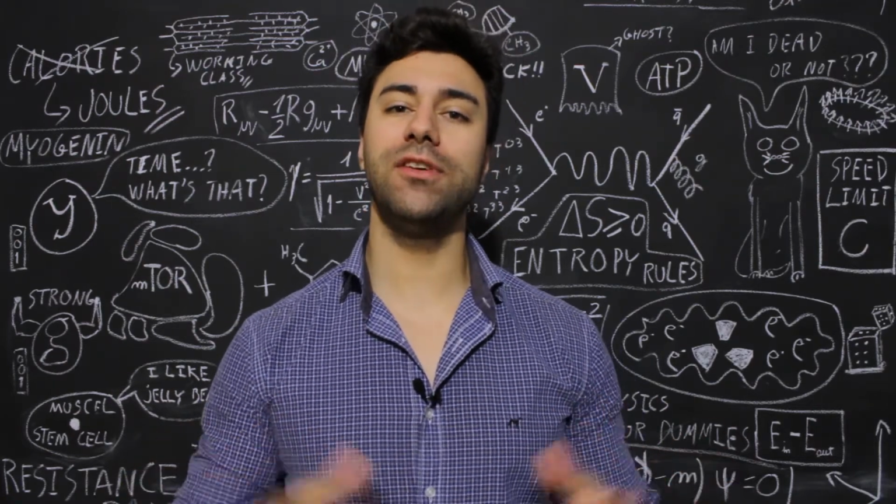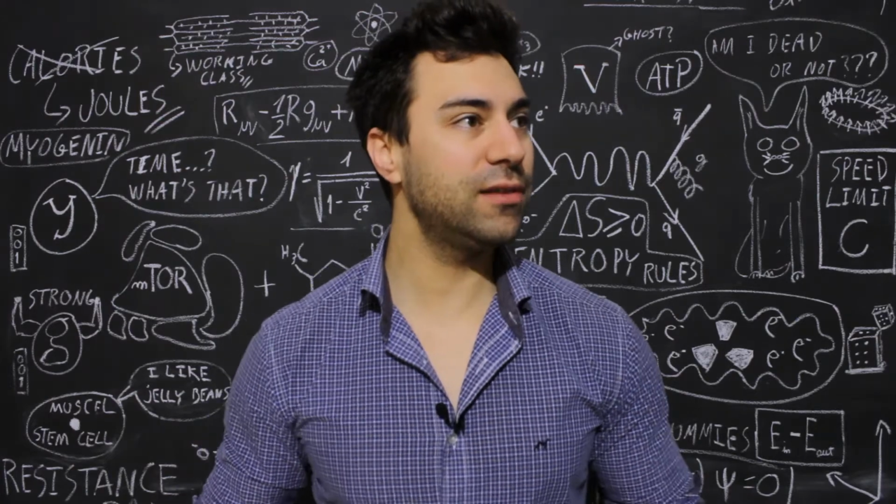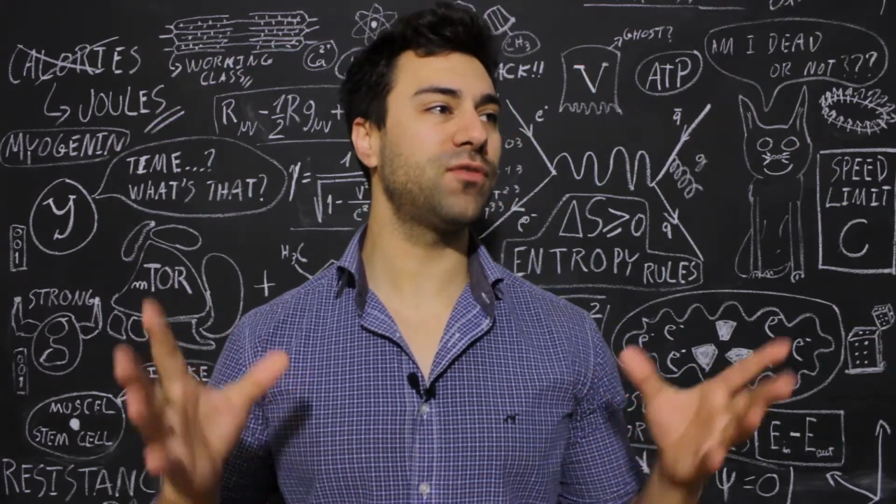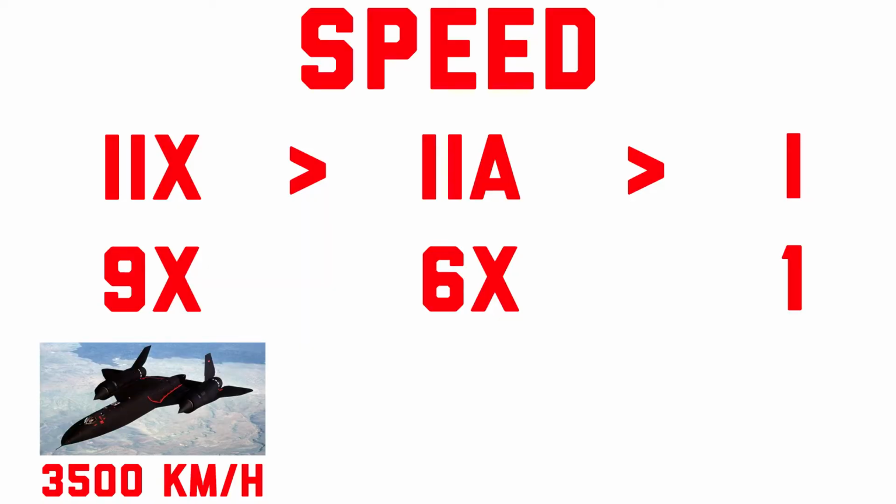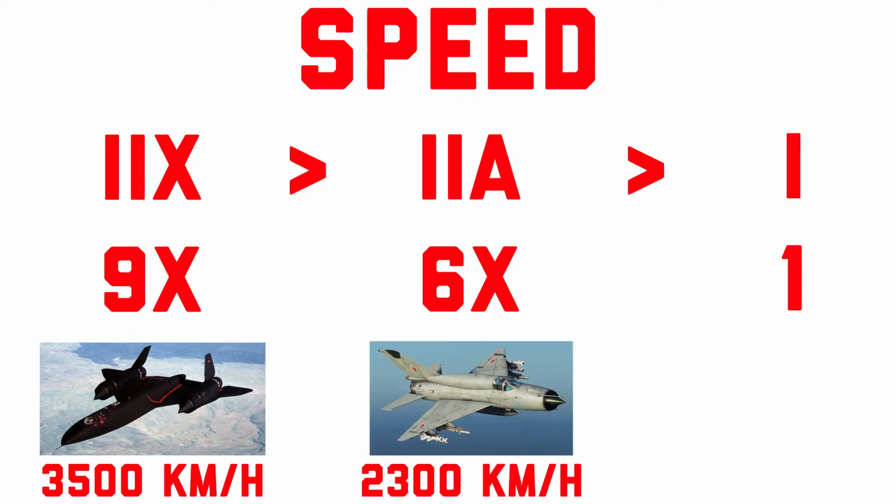Let's imagine an aircraft. Let's imagine we have several types of aircraft. The type 2X muscle fibers would be a Lockheed Blackbird, capable of 3,500 kilometers per hour at its top speed. The type 2A muscle fibers would be a MiG-21, capable of going 2,300 kilometers per hour at its top speed.